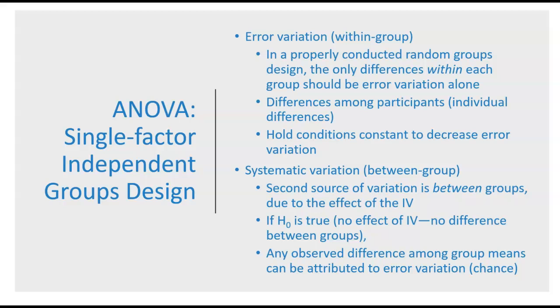So systematic variation is where you're actually wanting to look at how different these groups are. And there's some error associated with that, but we're trying to isolate those systematic differences between the groups. But we want to factor in the amount of error that's associated with just regular old garden variety error as well as individual difference error.